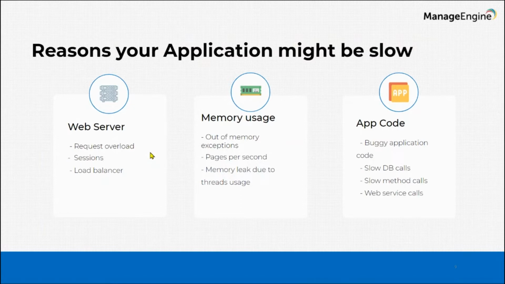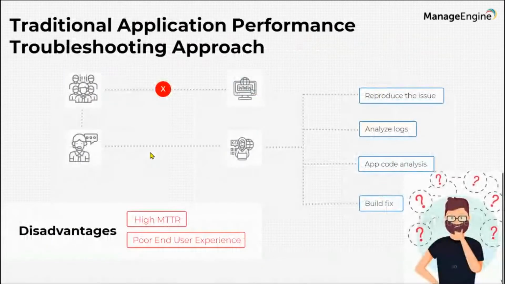However, one needs to know which specific code snippet has caused high CPU utilization and which specific DB call is causing slowness to your DB. If we understand this specific information, that would be quite helpful to maintain a gradual performance for your application. And let's see the common traditional application performance troubleshooting approach.